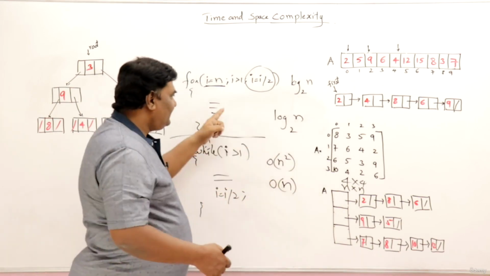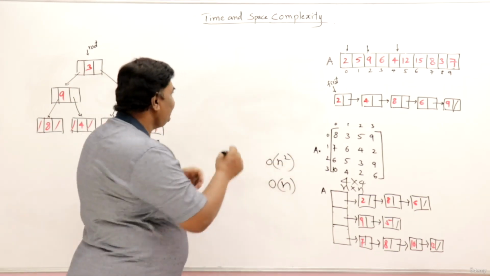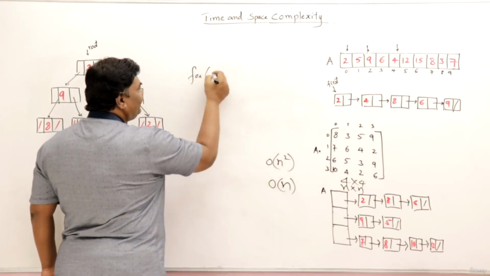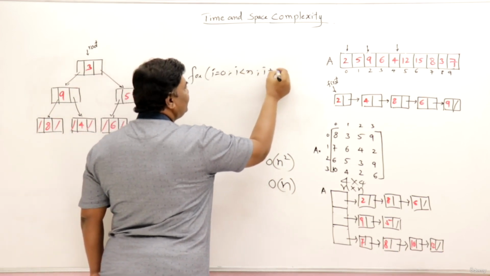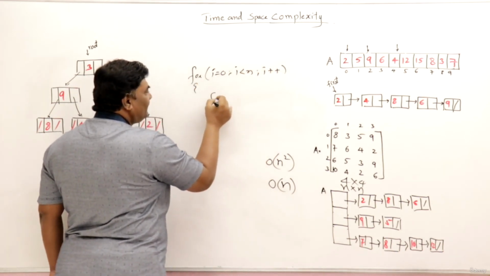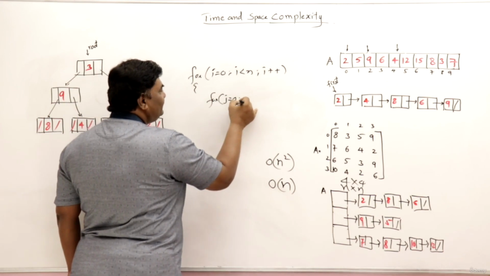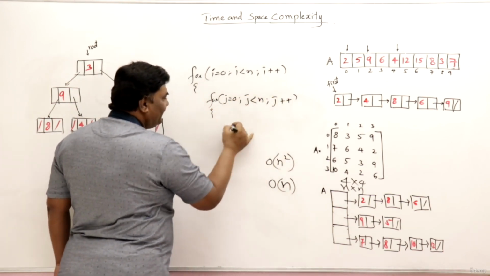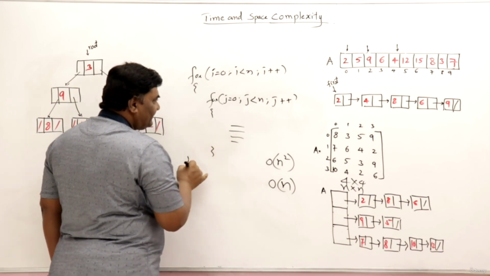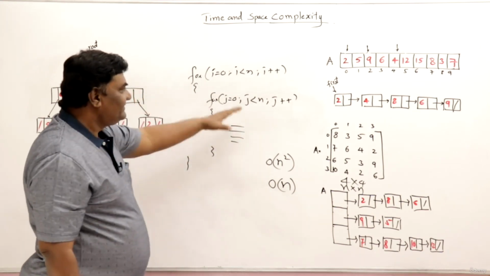Now I'll show the code for that. I'll remove this. For processing a matrix, we need 2 nested for loops. i++, and inside this for j assign 0, j is less than n, and j++. Now whatever you want to do with those elements, you can do that. So this is n square.